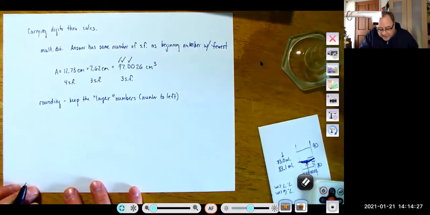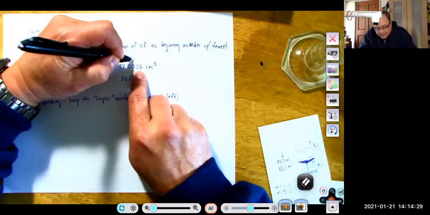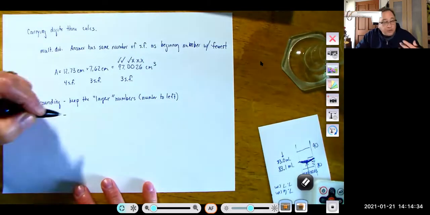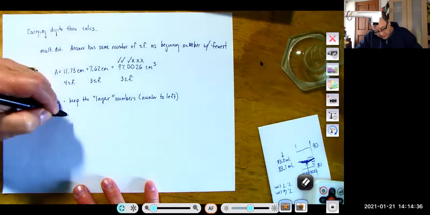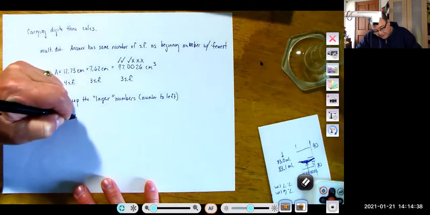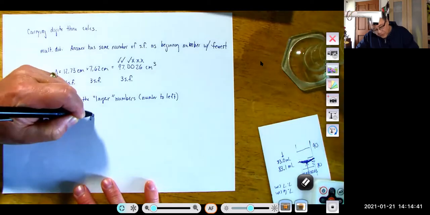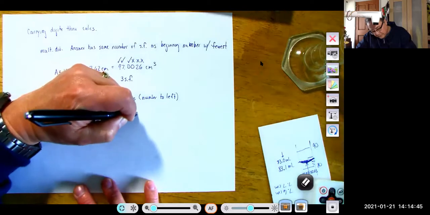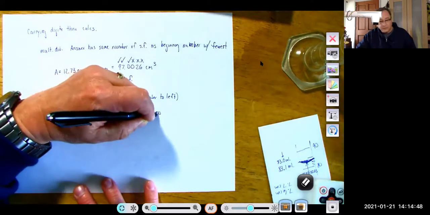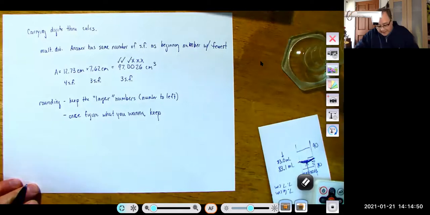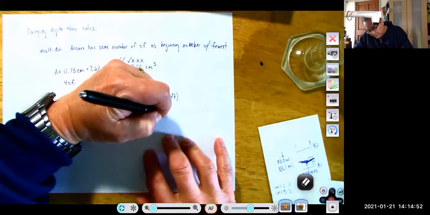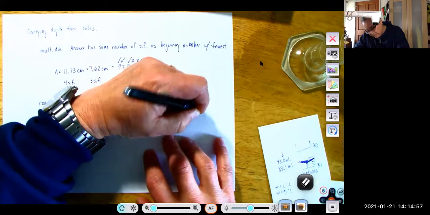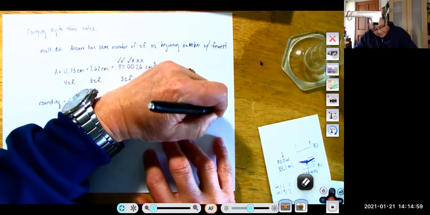Now, how does the rest of this number affect my answer? Well, once you figure out where you need to round to, once you figure what you want to keep, you look at the number to the right.